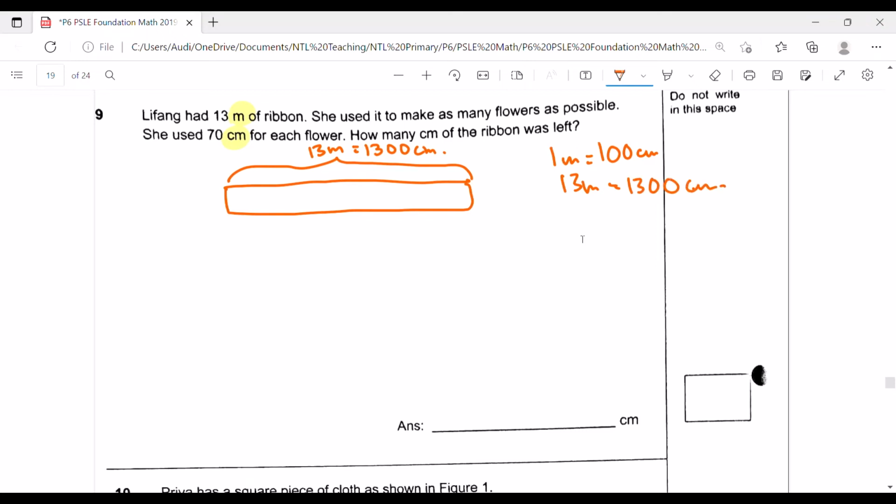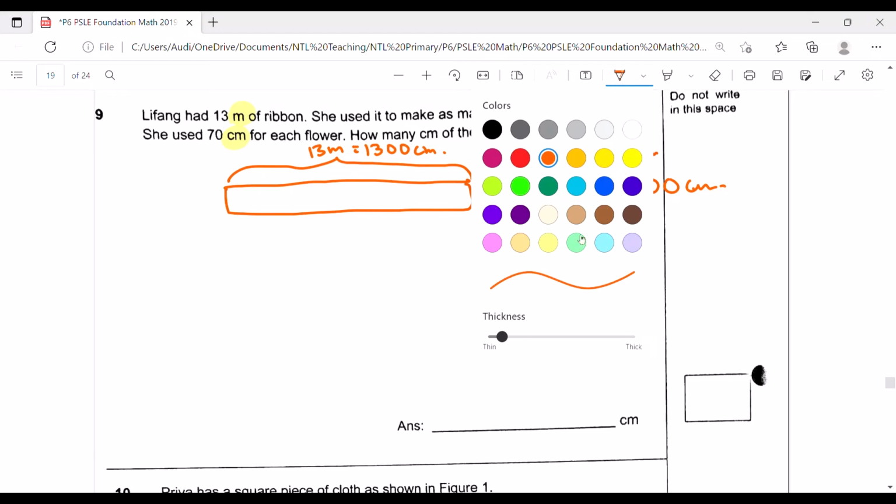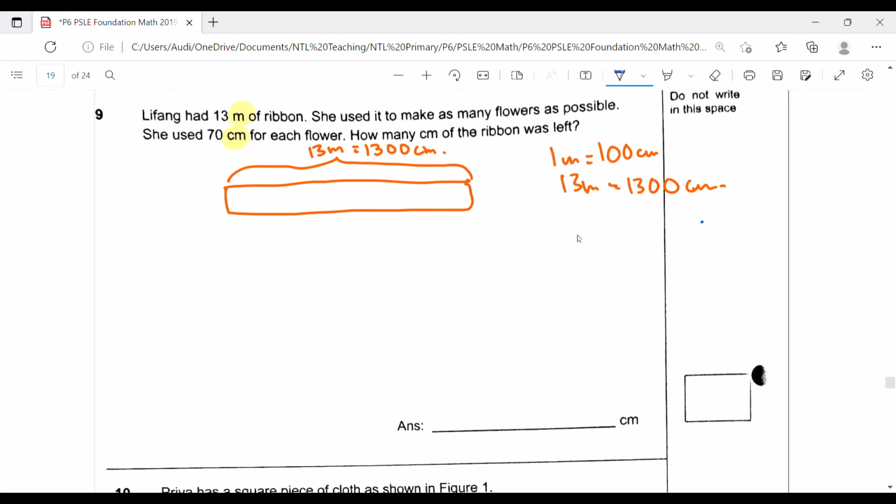Right. She used 70 cm for each flower. So each flower is 70 cm. How many cm of the ribbon was left? So what do we do? We can just go down 70, 70, 70, 70, 70. We want to know how many 70s there are in this 1300 cm.